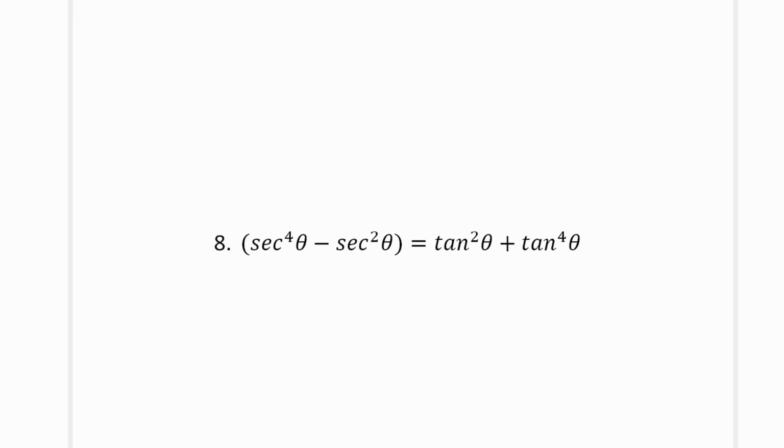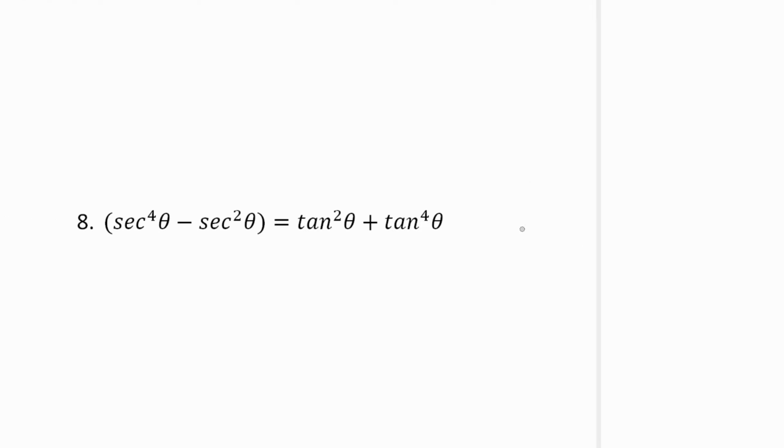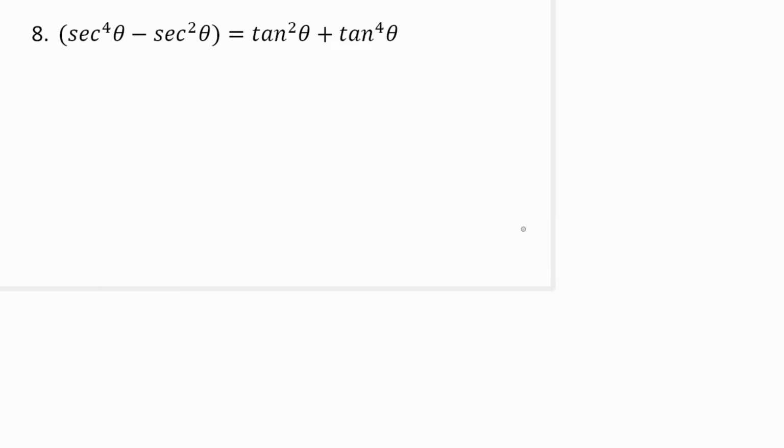Now in the next one, it is shown that sec 4 theta minus sec square theta is equal to tan square theta plus tan 4 theta. So in this one, we start with the left hand side. We already know that there is a relation between sec square theta and tan square theta.